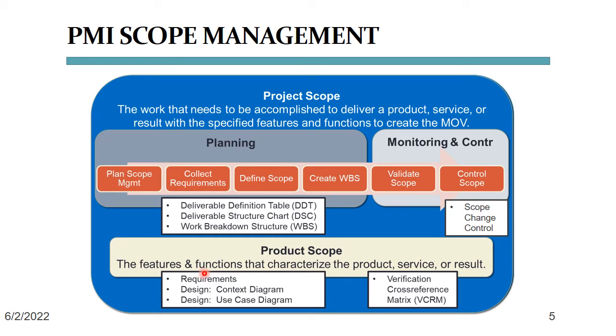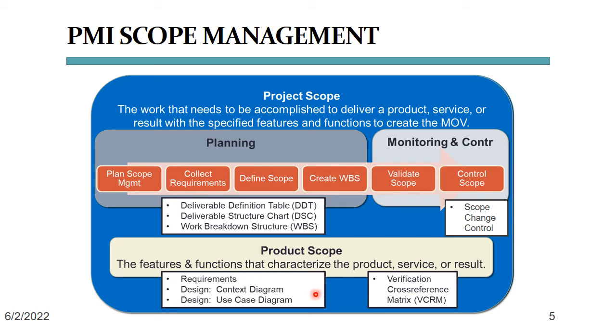Just as we are validating, that is checking that we have completed all items of the project scope in the monitoring and controlling phase, we must test that all the features that we have designed and built work as intended. That happens when we do scope verification.